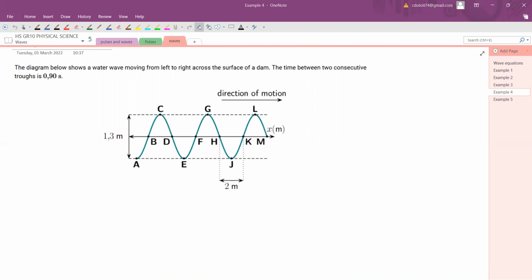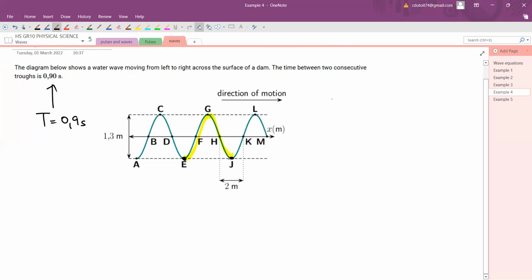The time between 2 consecutive troughs is 0.9 seconds. 2 consecutive troughs, let's say E and J, is 0.9 seconds. So the time it takes for one wave to form is 0.9 seconds. From the bottom there to the bottom there is one wave, or you can do A to E, which is also one wave.